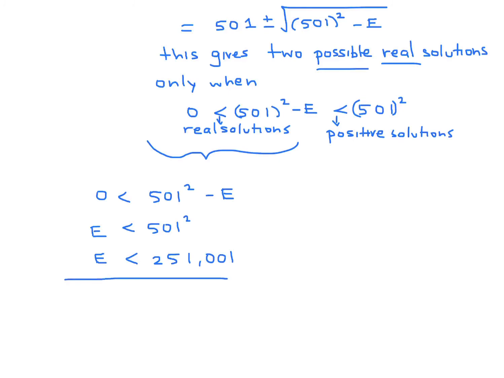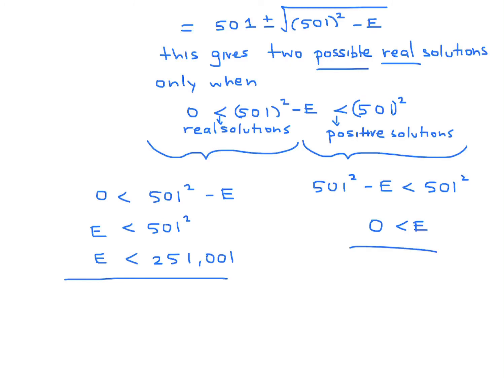Okay, but we also got to take into consideration this one, which states that 501 squared minus e is less than 501 squared. If you do that, we basically get that e is greater than 0. Okay, so therefore our range for e is it's greater than 0 and it's less than 251,001.